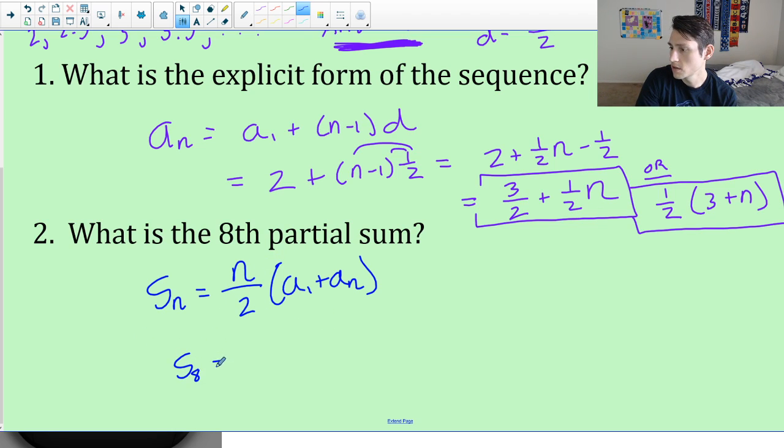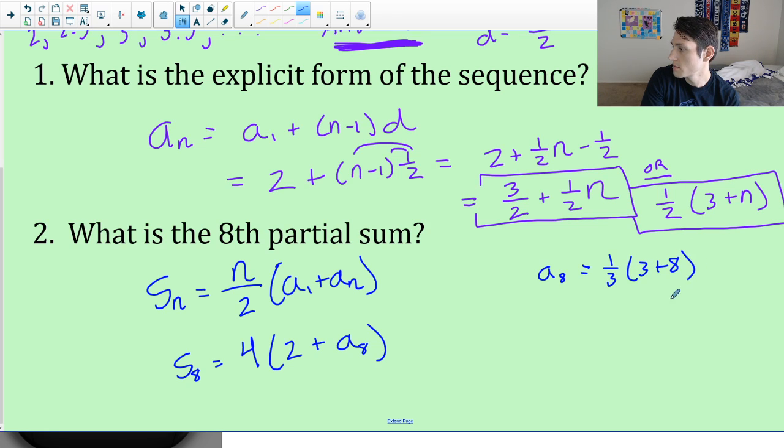So the 8th one, so 8 over 2, 8 divided by 2 is 4. a1, the first term, is 2, plus a8. At the moment I don't know what a8 is, but I have a formula for it. I could use my explicit form, so off to the side here, a8 is 1/2 times 3 plus 8. 3 plus 8 is 11, so 11/3.